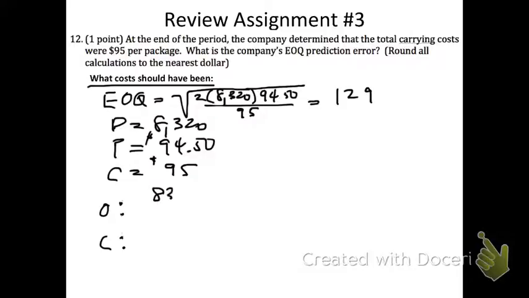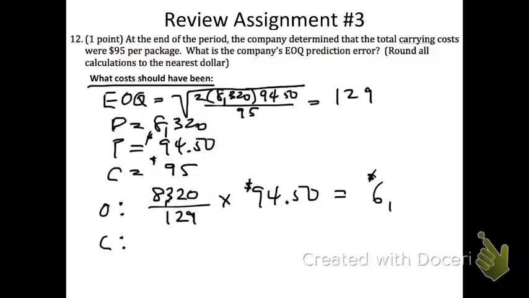So our ordering cost should have been 8,320 divided by the economic order quantity of 129 times the 94.50. And so this total cost, because we make more orders, we would have had more orders under this scenario.